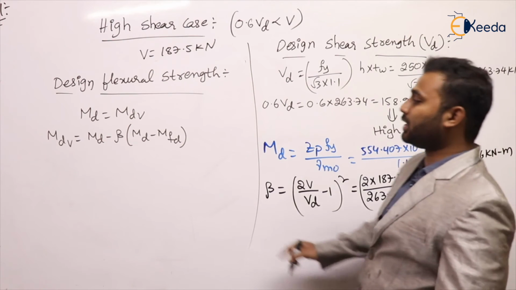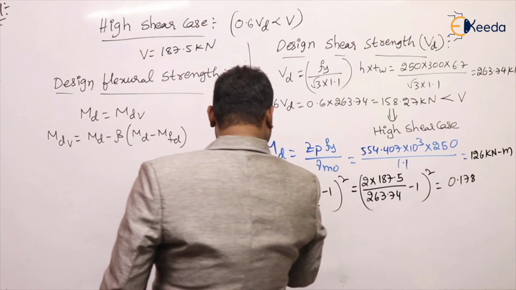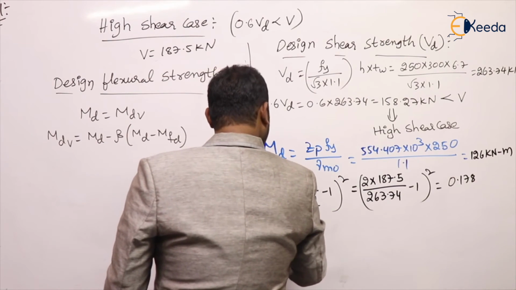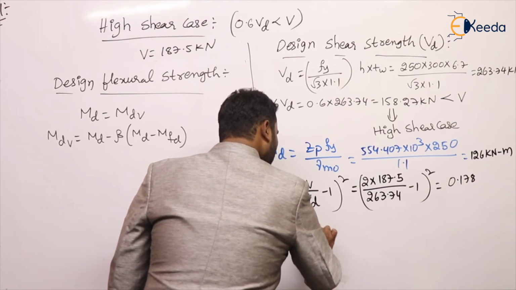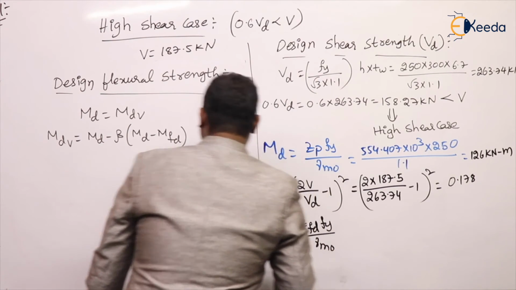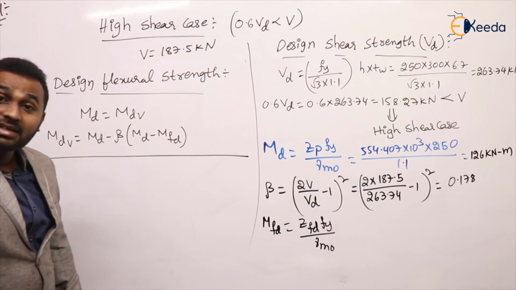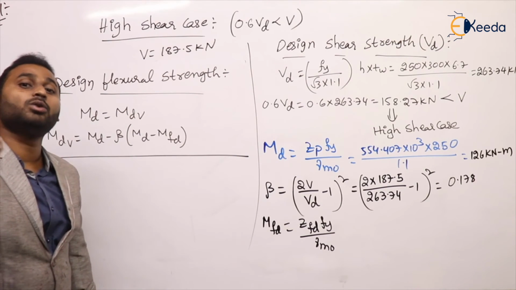Now only the term here we are left with is MFD. Now MFD is equal to ZFD Fy by gamma m naught. Now coming to the ZFD. So ZFD is the plastic section modulus of a section excluding shear area.